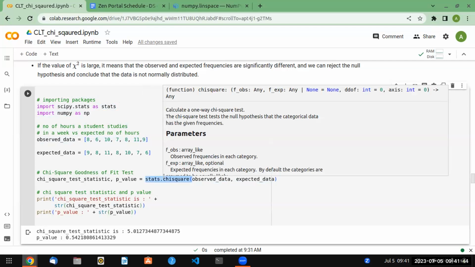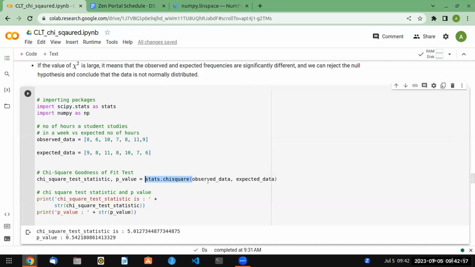This function is used for calculating a one-way chi-square test. Are you able to see the screen, or shall I zoom in on the parameters part of this function? What are the parameters? f_obs and f_exp. What are these data? Array-like structures.